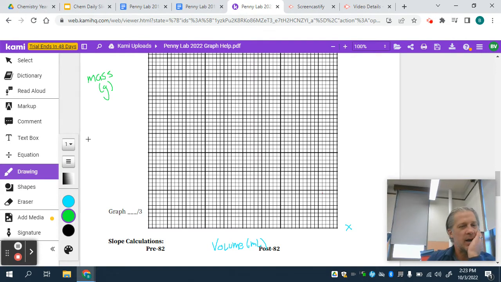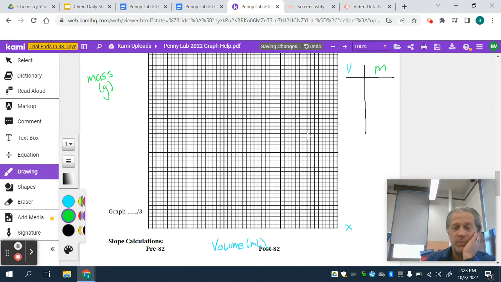So I have volume, and I'm going to have mass. And so here's my T-chart.